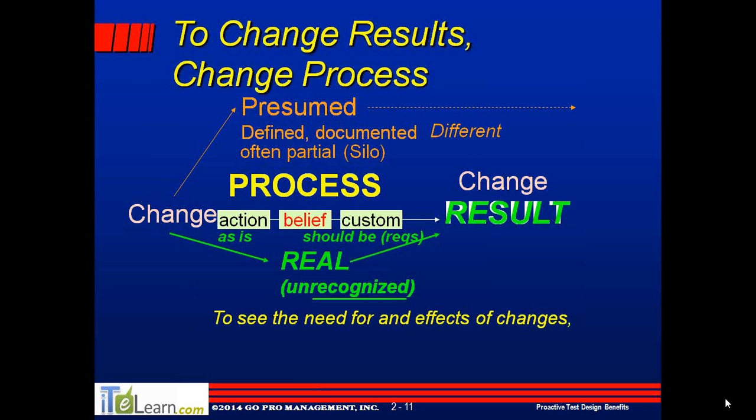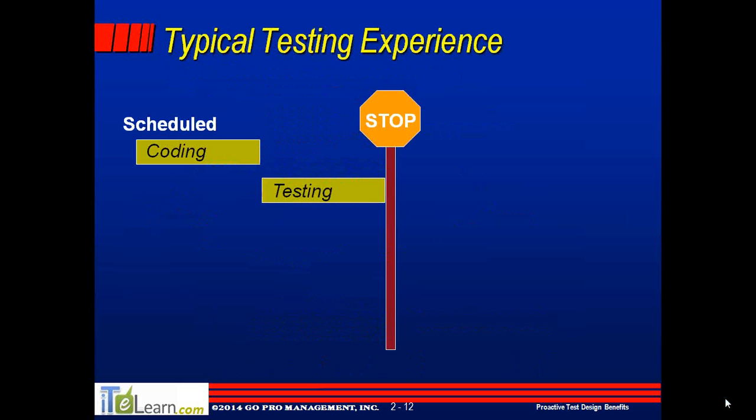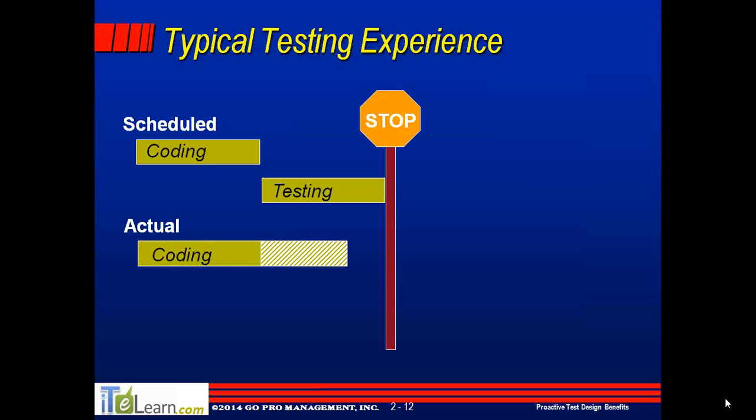So when we work with processes, and we all do, we need to look at the process from the beginning to the full end result. So let's see how this works. I'm sure that many of you are familiar with projects where some coding has been scheduled and some testing has been scheduled, and they are supposed to be done by the stop sign, the deadline. And I'm sure many of you have also seen projects where the coding takes longer than expected.